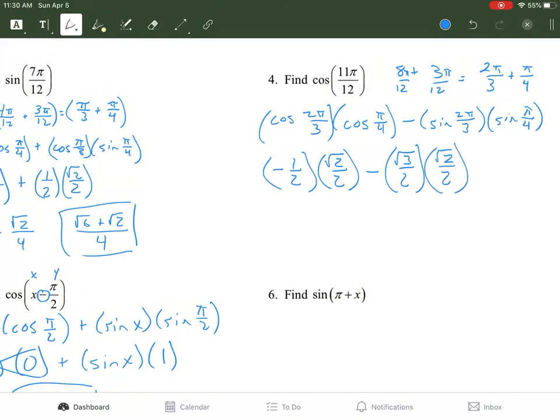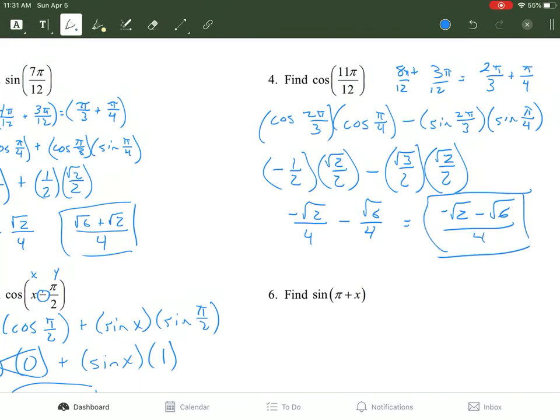Okay, multiply this out. We're going to get negative root 2 over 4, sorry, got to multiply the bottoms, minus root 6 over 4. So our answer is going to be negative root 2 minus root 6 all over 4. That's your answer for question number 4.